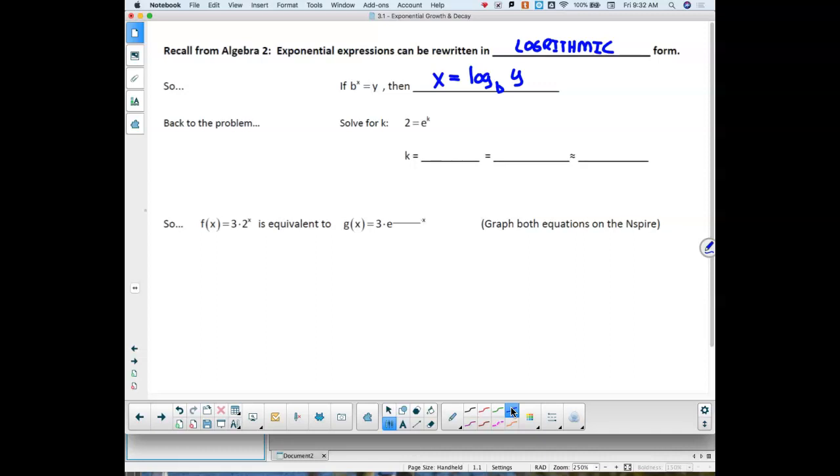So if we go back to that very first problem that we had, 2 equals e to the k power, and I want to solve for k, well, then if I switch that into logarithmic form, k would be equal to the log base e of 2.